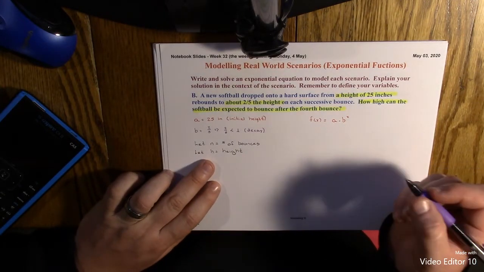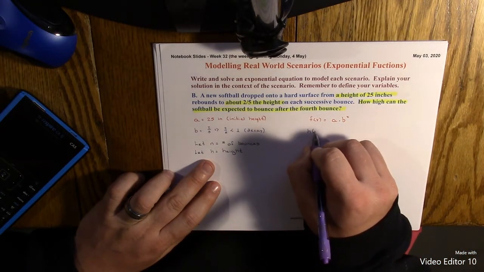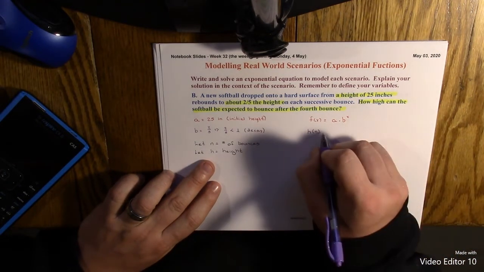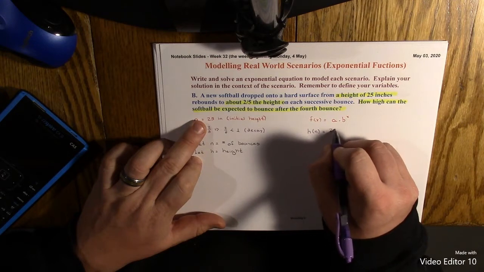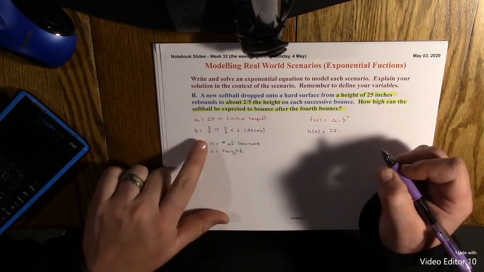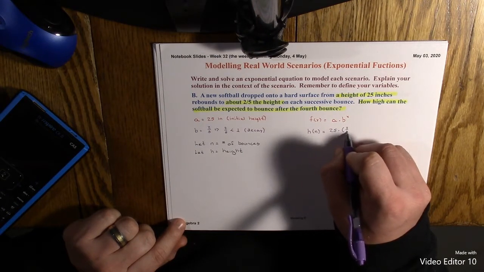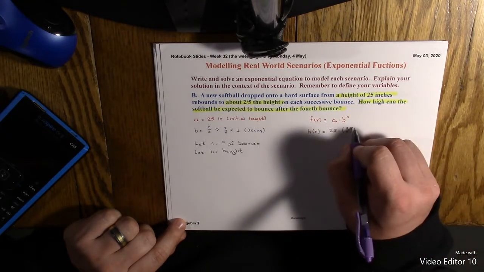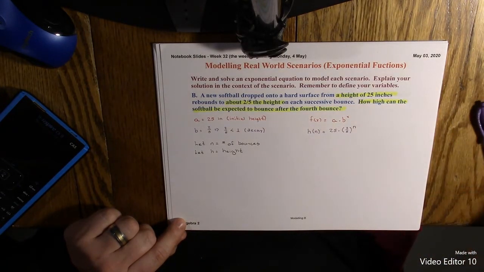So our output is height, so we'll be looking at h of n, the height after a number of bounces. Our initial condition, 25, times our factor of exponentiation, which is 2/5. Feel free to write that as a decimal, 0.4 if you wish, to the n, the number of bounces. So there is our function.